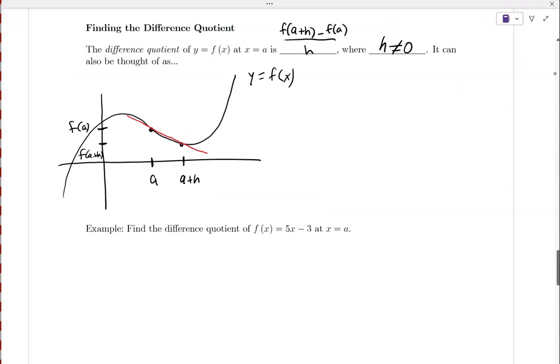How do you find slope of a line again? Rise over run, right? So I can figure out my slope of that line as f of a plus h minus f of a all over a plus h minus a. What does the denominator simplify to? h. Okay.